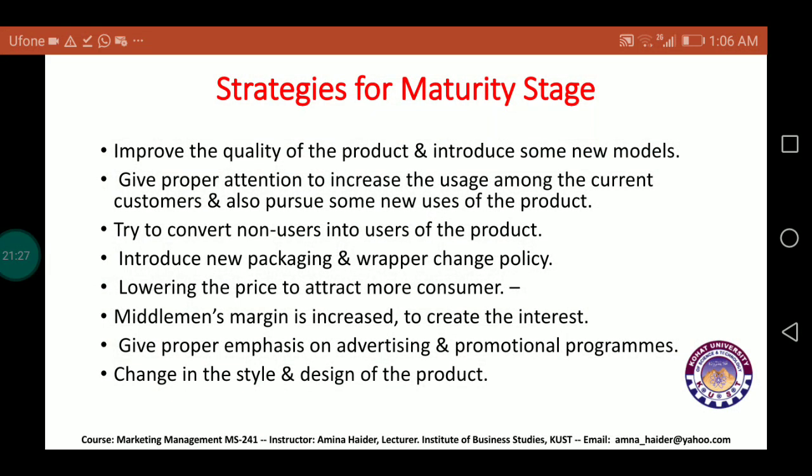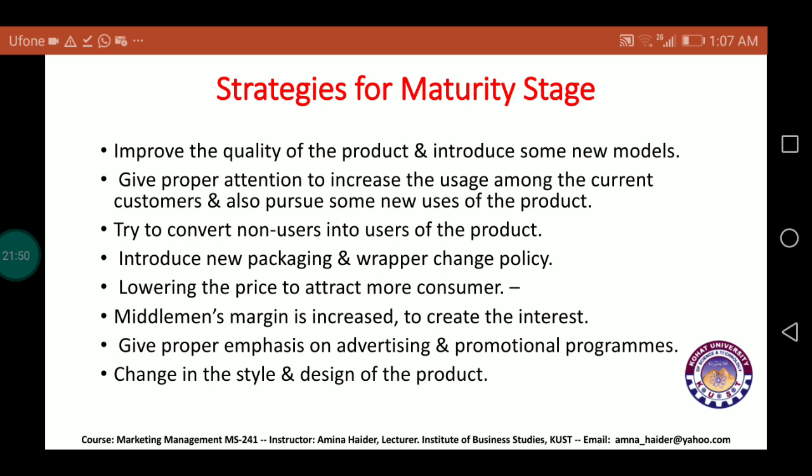So, in the maturity stage, the strategies adopted by businesses are: they start improving the quality of the product and introduce some new models. Give proper attention to increasing the usage among current customers and also pursue some new uses of the product.